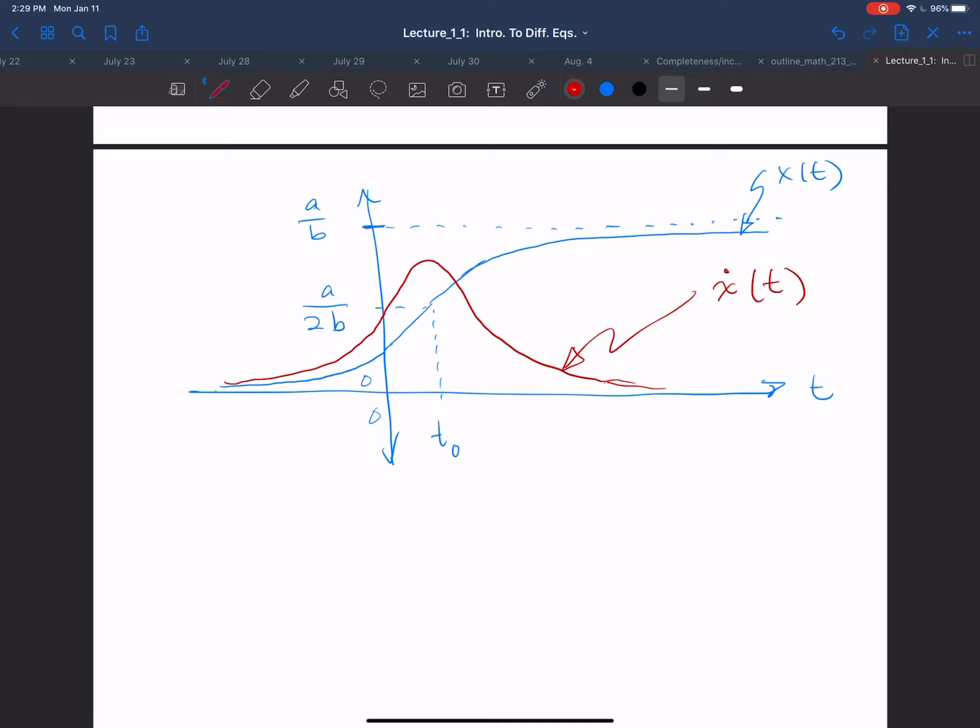And this is used to model various situations, such as growth of a population. It can also be used, for instance, to model resource depletion.